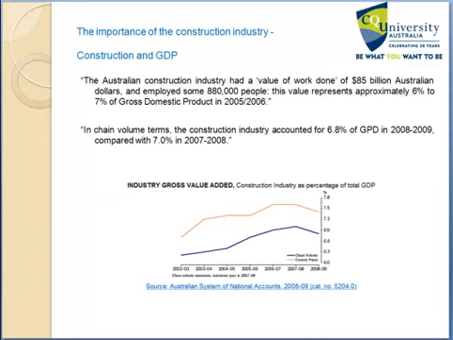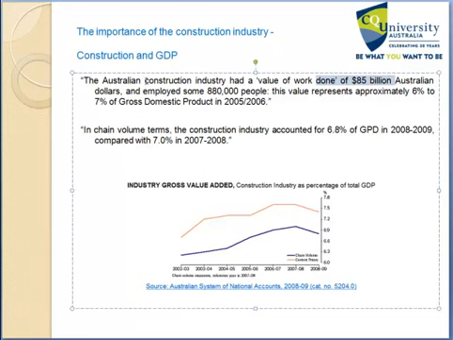Why is the construction industry important? The construction industry contributes 85 billion Australian dollars and employed 880,000 people, and this value represents about 6% to 7% of GDP in 2005 and 2006.